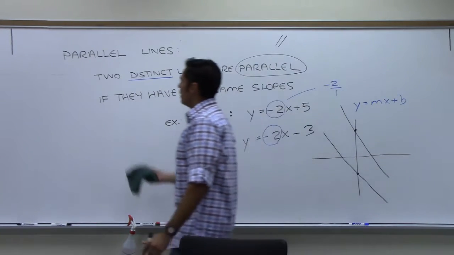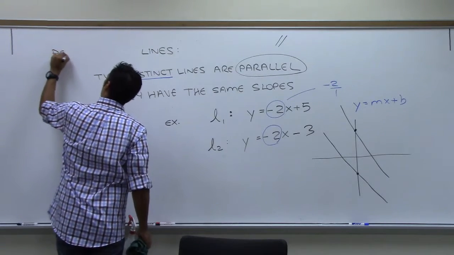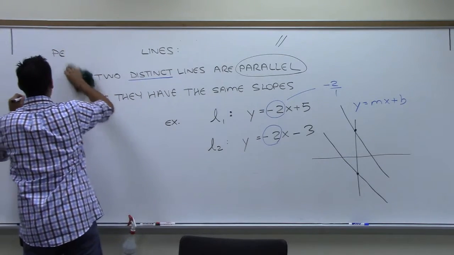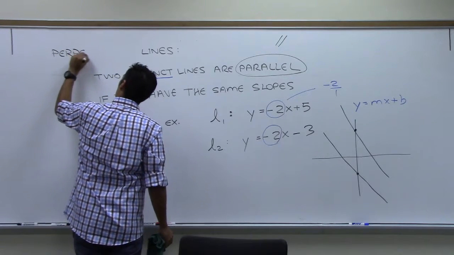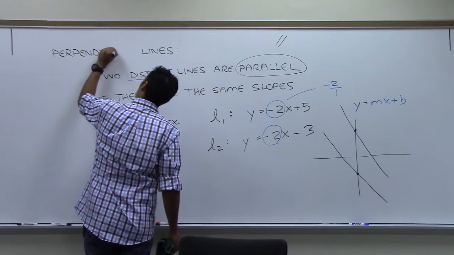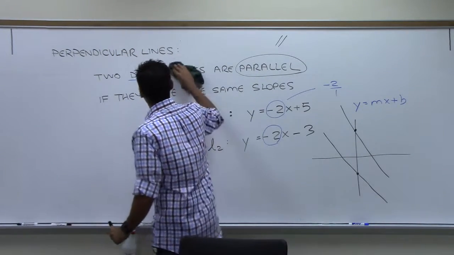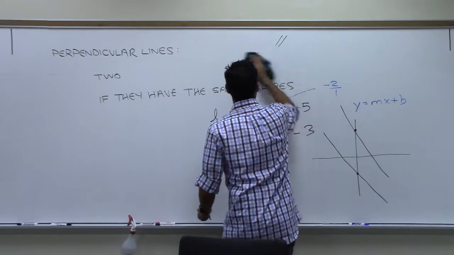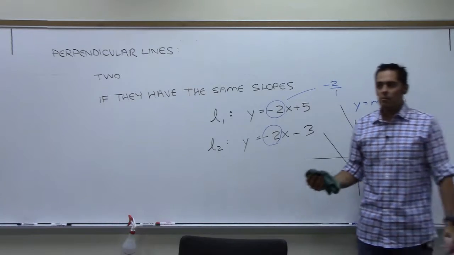Now, what about perpendicular lines? They intersect at a 90-degree angle. So what's the definition? Well, just like parallel, when it came down to defining what it meant, we used the slopes.